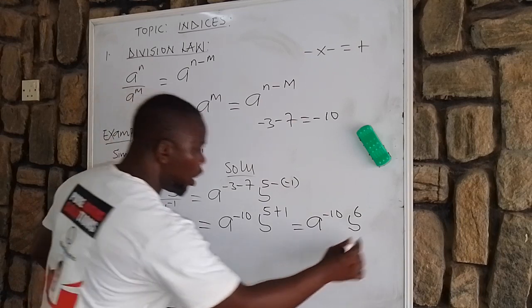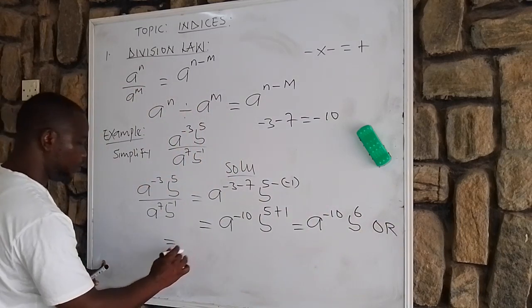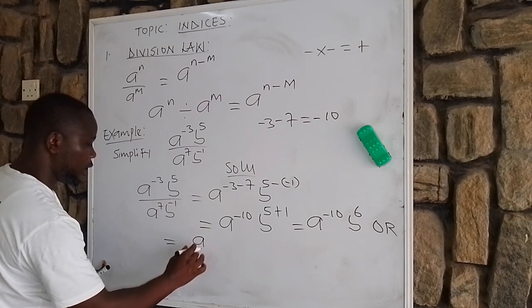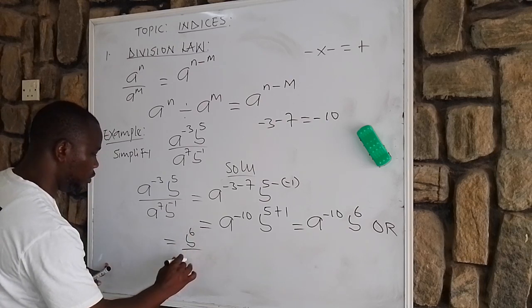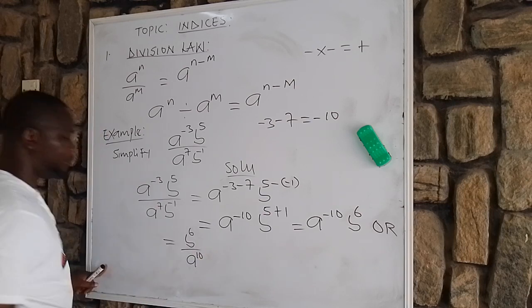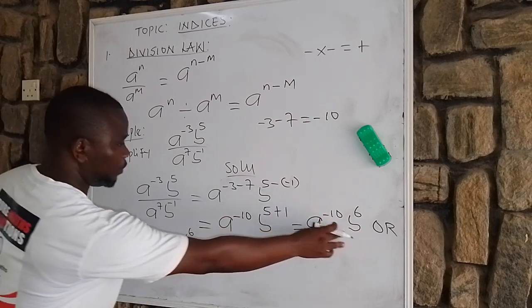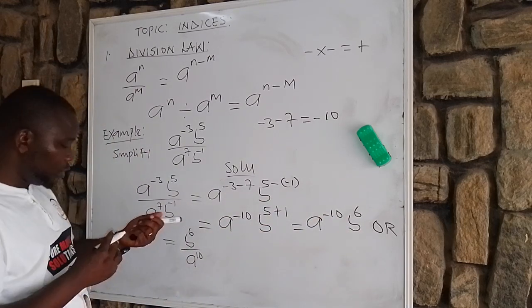Because of this negative sign, we write it this way: b raised to power 6 all over a raised to power 10. Is that clear? So either you pick this answer or pick this one, whichever one you want.